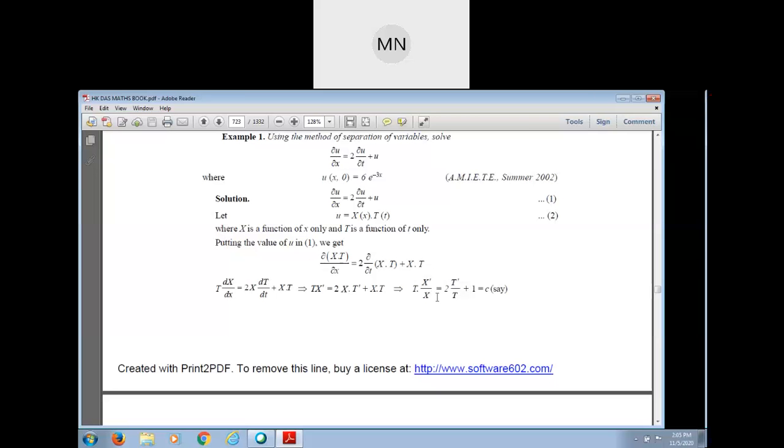Yeah, there is no term because this is the method. Separation of variable means what? You have to separate the variable. Okay, but in the previous step, there are terms which are in the form x into t. Is not it? But in the next step, we have to separate all of them. Okay? Is it clear now? Yes, ma'am.